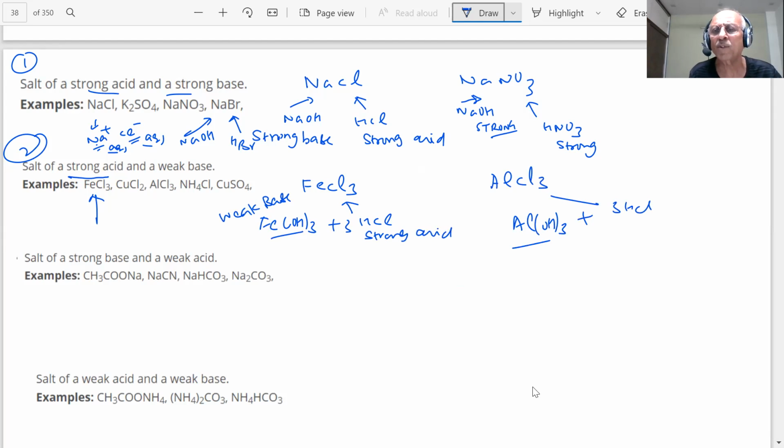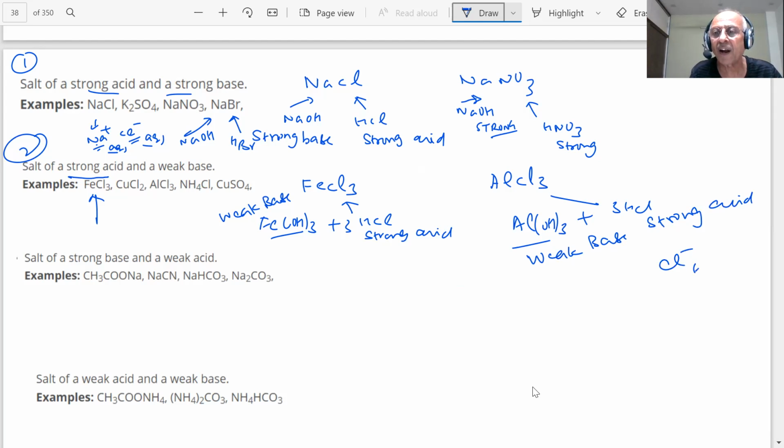You are aware it's almost amphoteric. It is a weak base, and this is a strong acid. An ion of a strong acid, cation of a weak base, that's what we are talking about. When I discuss hydrolysis, this Cl minus is not going to be hydrolyzed.